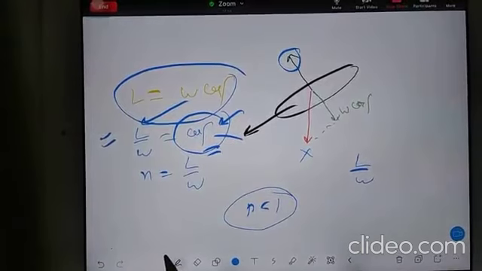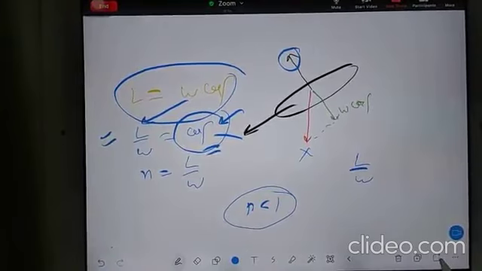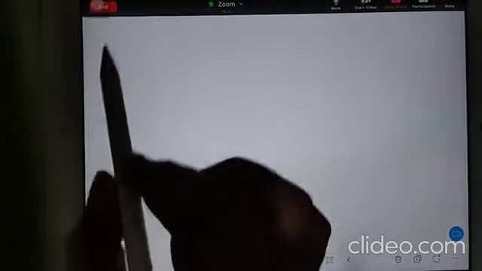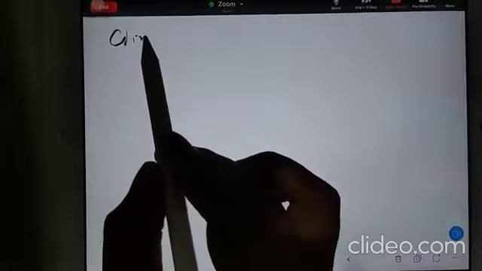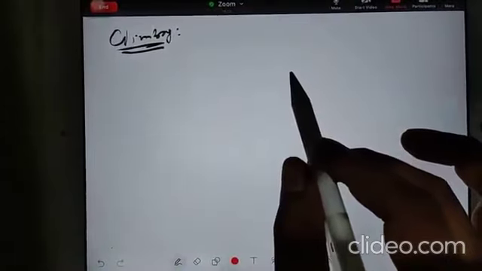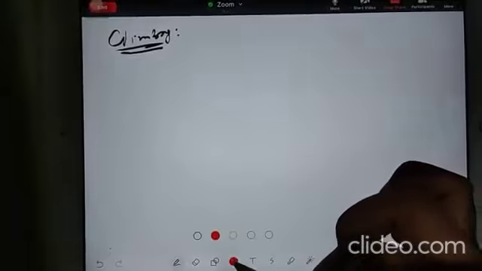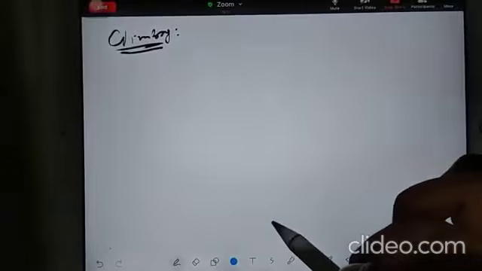Now we go for climbing. I will change the page. So we go for climbing. Whenever we have climbing, I will use the same symbols, only the direction will change.